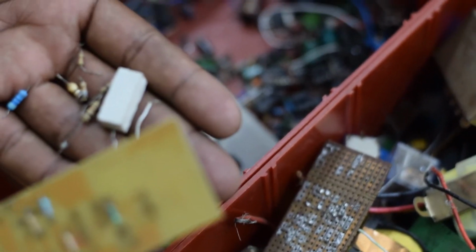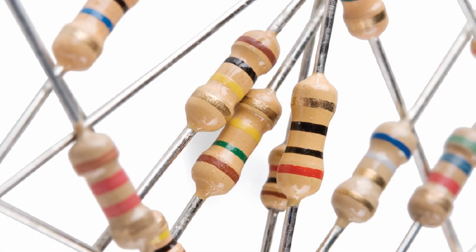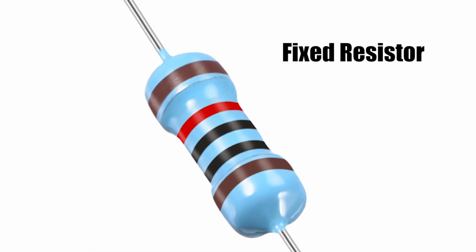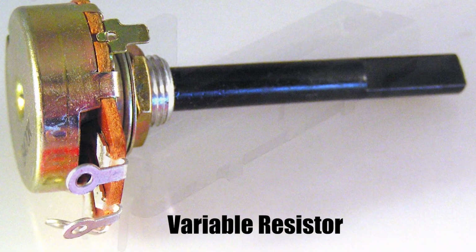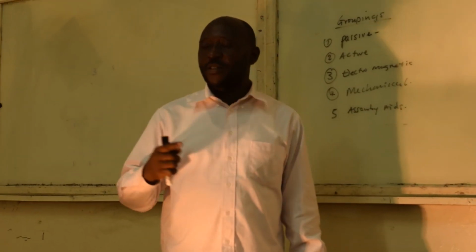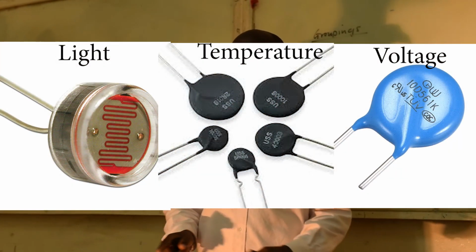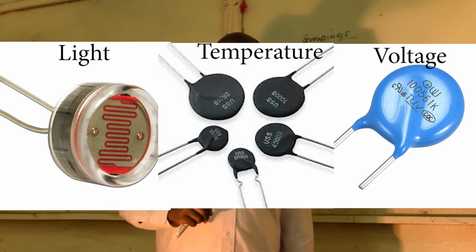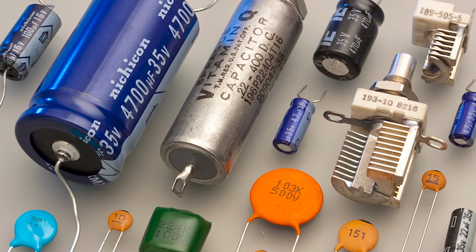For example, resistors as a group include such items as fixed resistors whose values are solely determined in manufacture, variable resistors whose value can be changed by the user, sensing resistors whose value is determined by external conditions such as temperature, light, and voltage levels. Capacitors also will have subgroups.